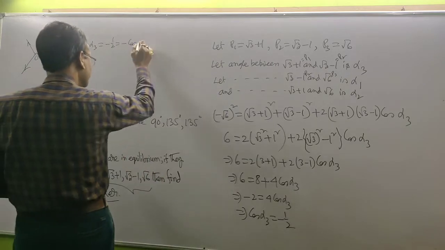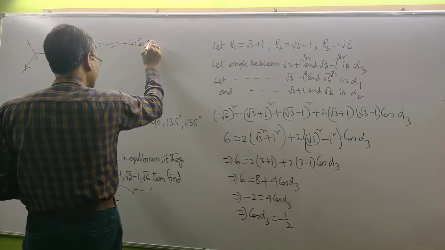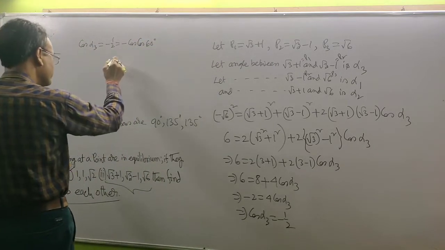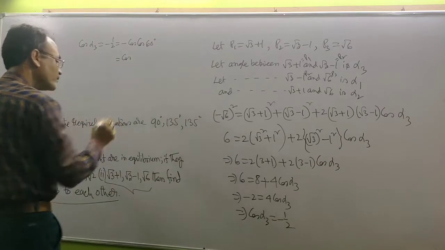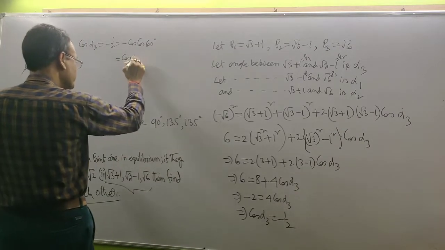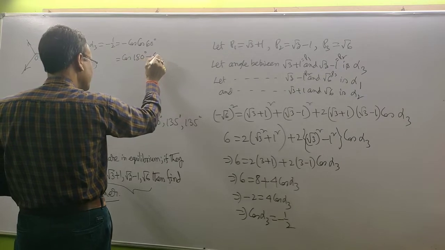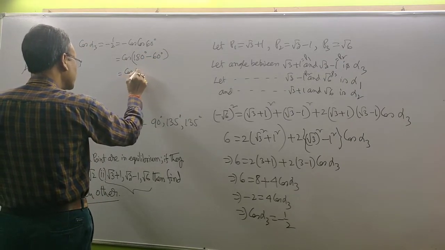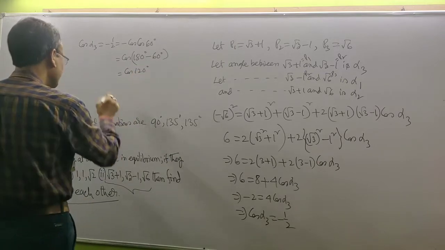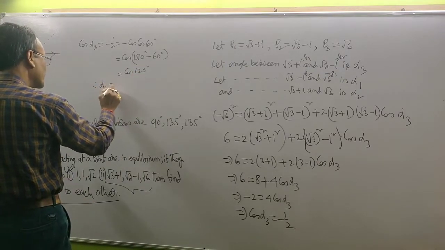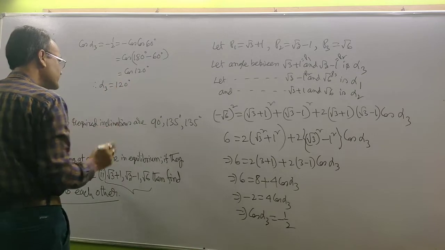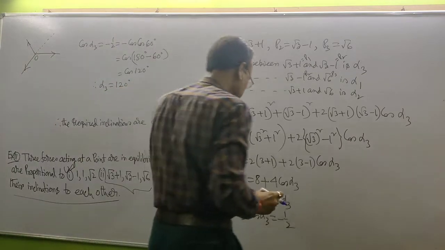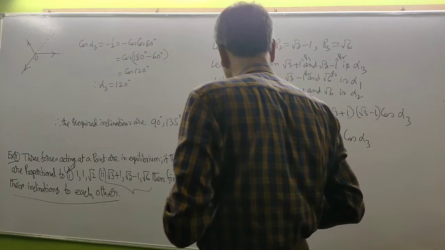Cos 60 degree, then cos (180 degree minus 60 degree). This is equal to cos 120 degree. Therefore, alpha 3 equals 120 degree.